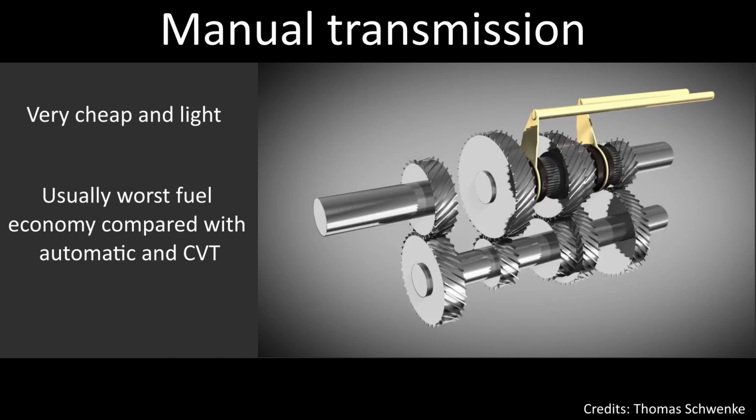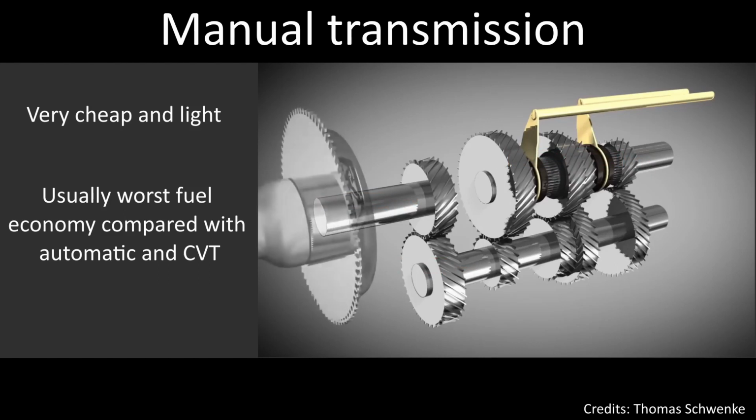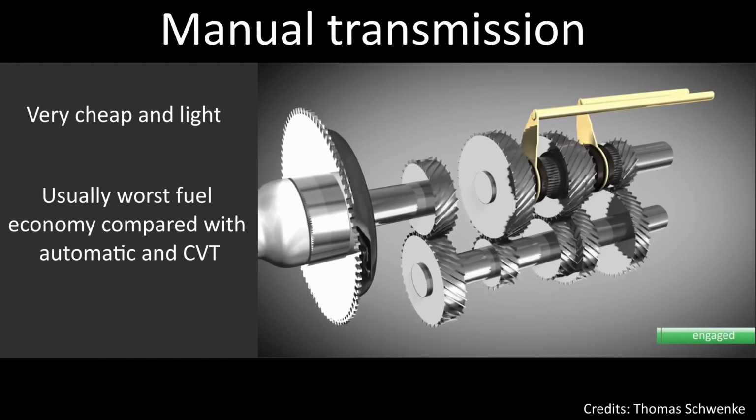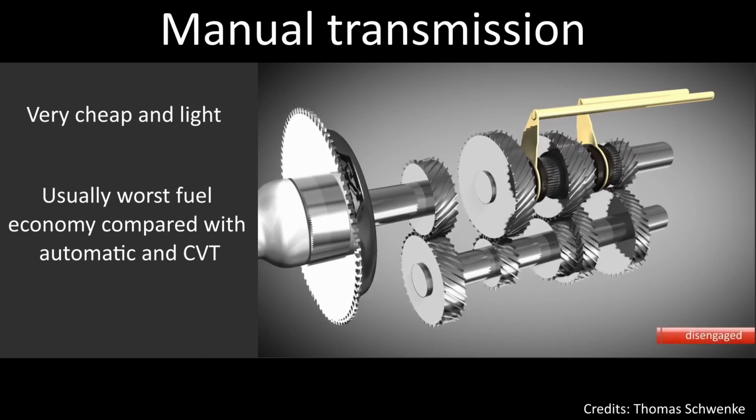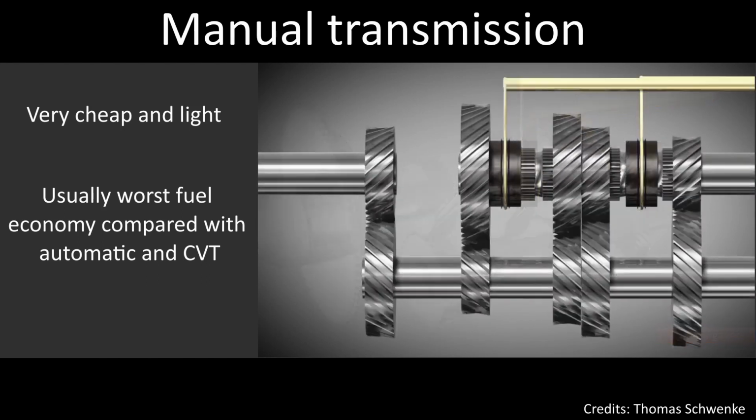The clutch is between the flywheel and the transmission input shaft, enabling and disabling the connection between the engine and the transmission. When the engine is running and the clutch is engaged, the flywheel spins the clutch plate and so the transmission. Keep in mind that engaged means that the clutch pedal is not pressed.